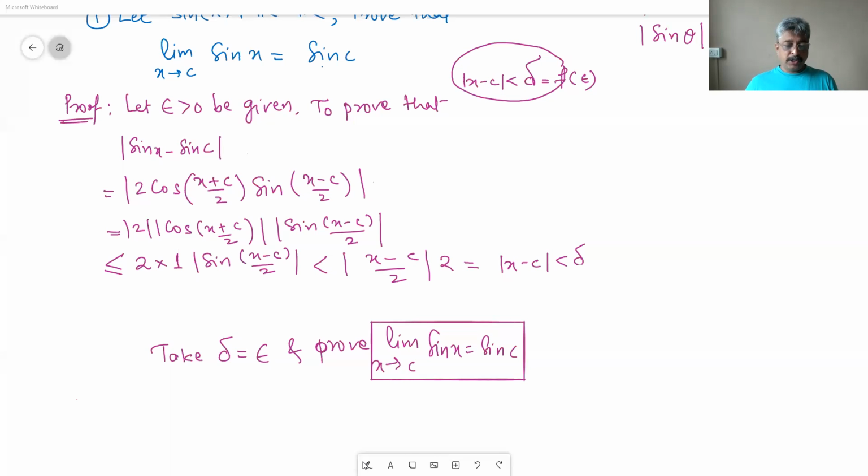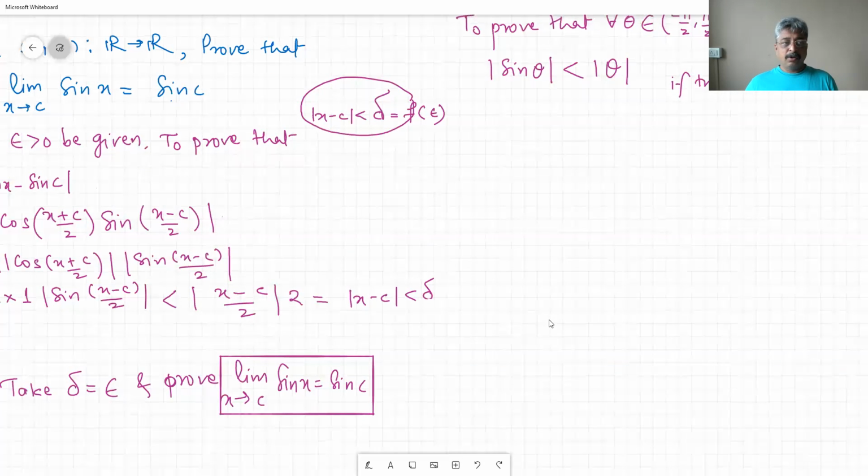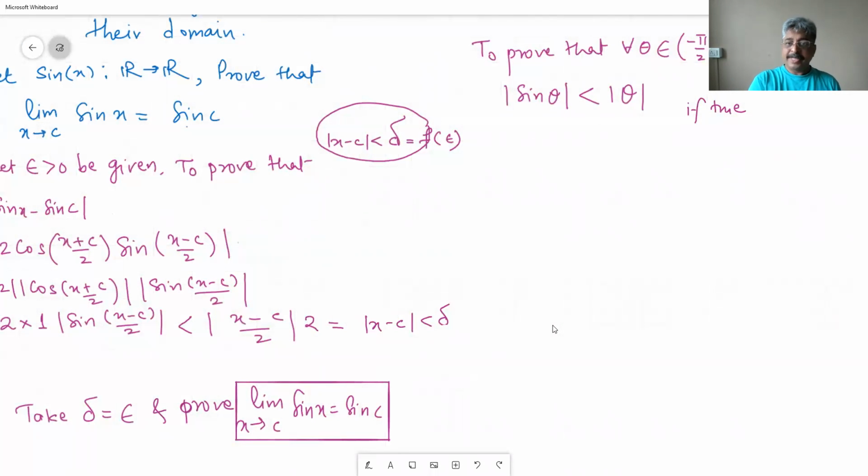What we need to do is consider the geometry of definition of sin theta. Maybe first you consider theta between 0 to pi by 2, so you are comfortable.